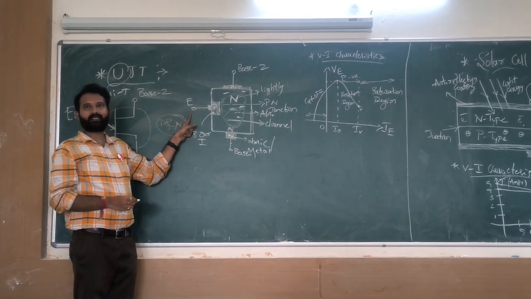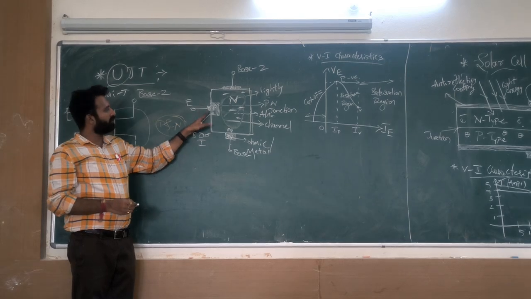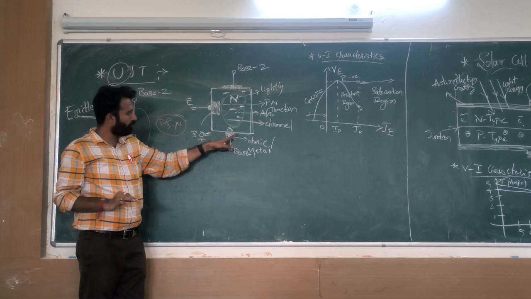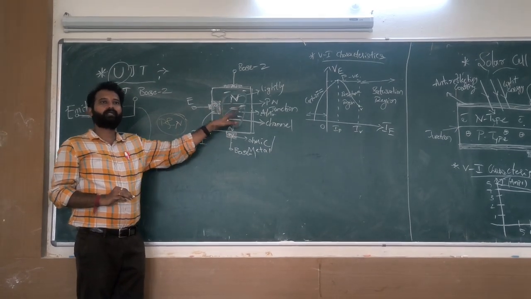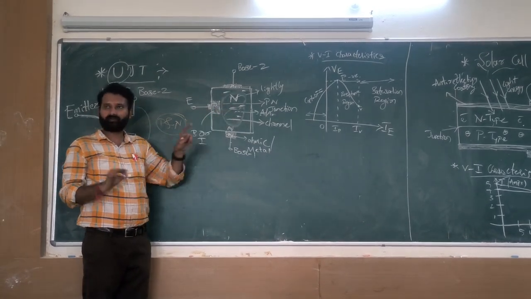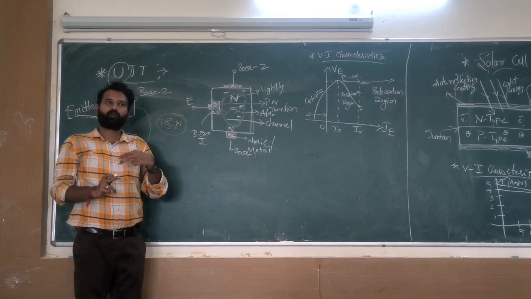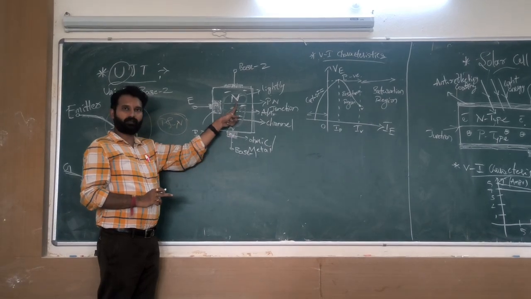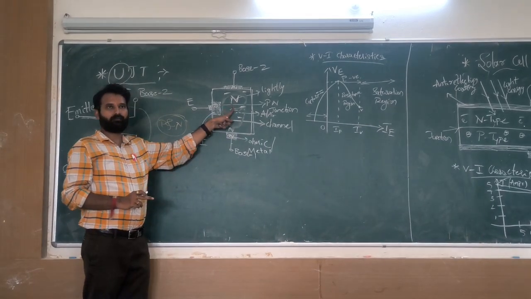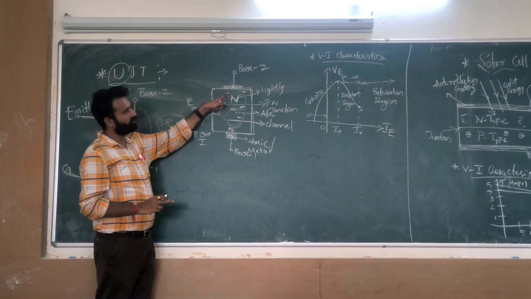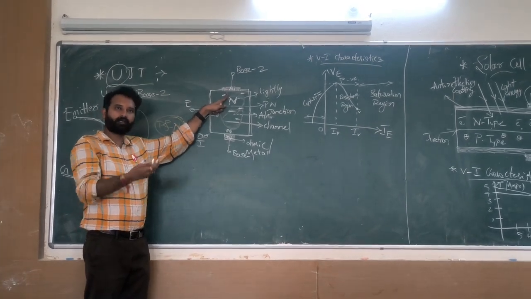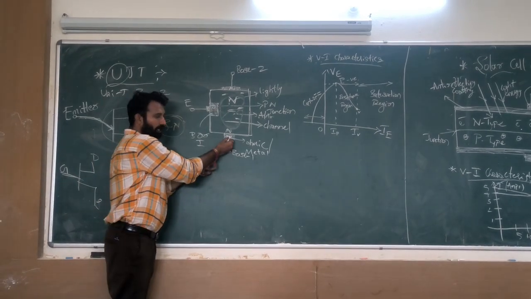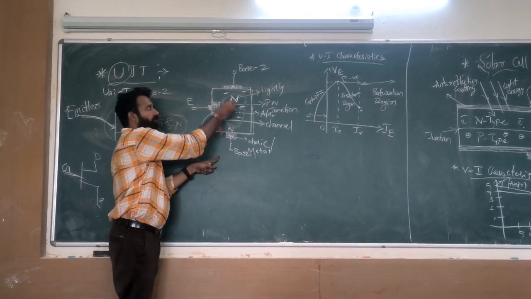Where is the emitter connected? Emitter is connected to P type. Understandable? Let me elaborate one more time. It is made up of P-type and N-type semiconductor material, and though it consists of one junction, P and N, the channel is completely N. Base 1 and base 2 are connected as negative terminals or metal ohmic contacts.